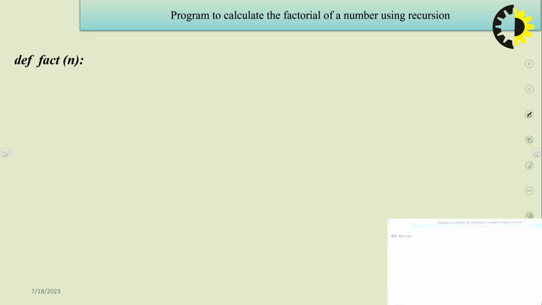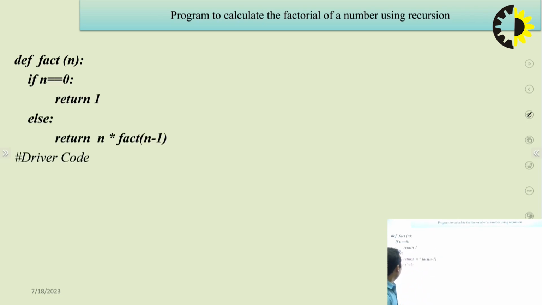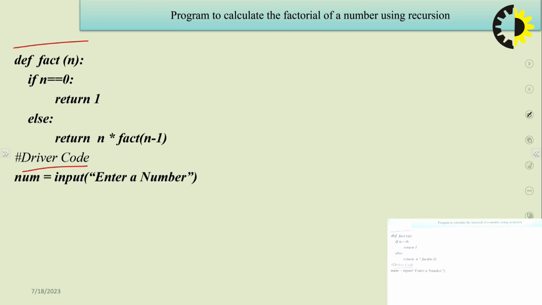Now, take another example, the factorial. We have already seen the driver code here. Now, the driver code: how to call this particular function. When we call the function, it performs some task. First receive the input from the user, enter a number, and save it into the num variable.